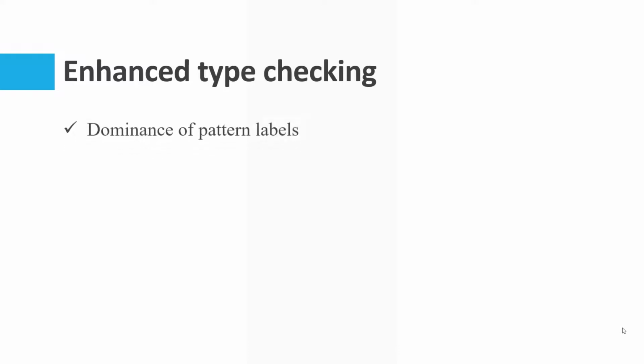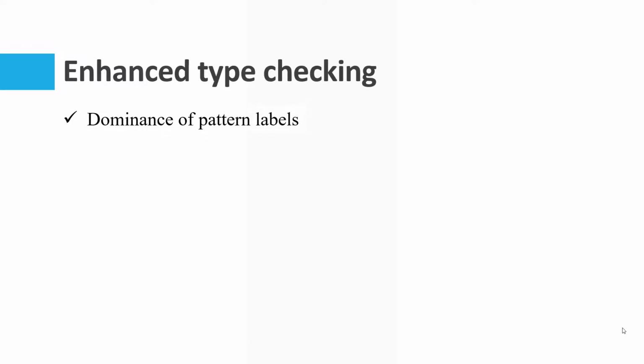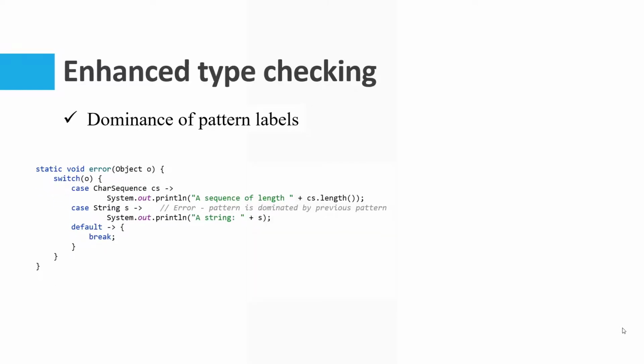Dominance of pattern labels. It is possible for the selector expression to match multiple labels in a switch block. Consider this problematic example.